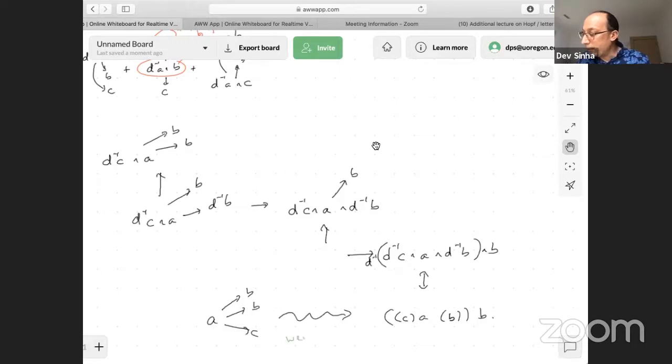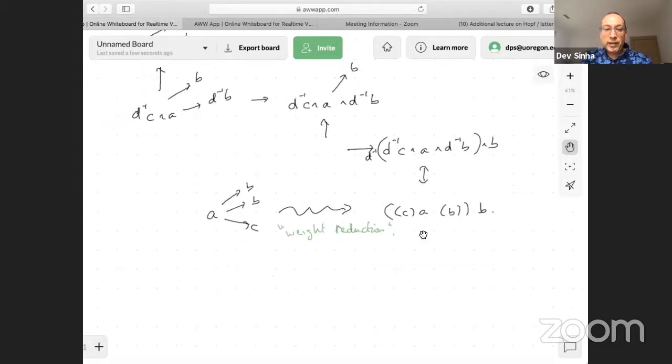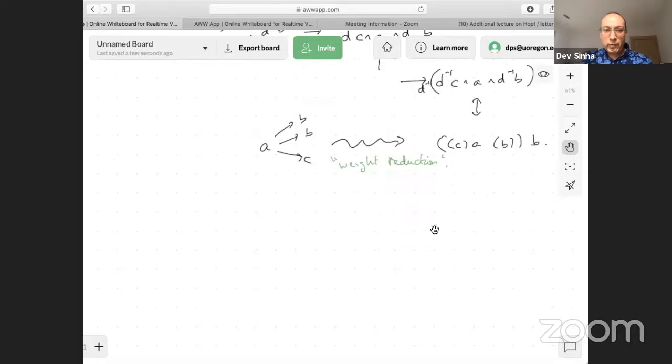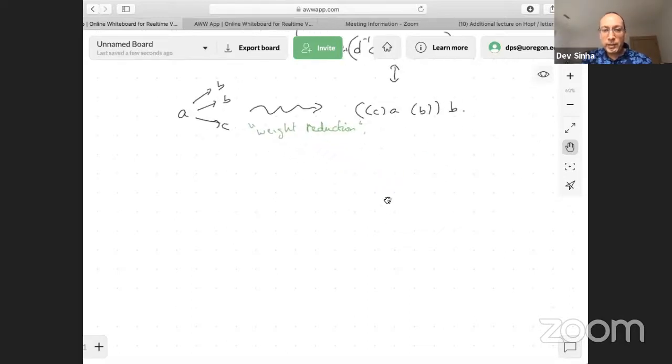So weight reduction in this setting takes a graph to a symbol. And basically what we show is that the linking of letters, so what's again conceptually going on.